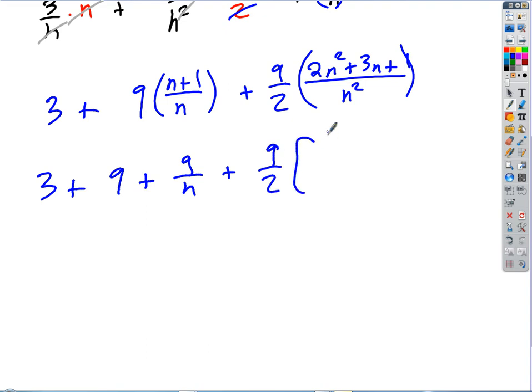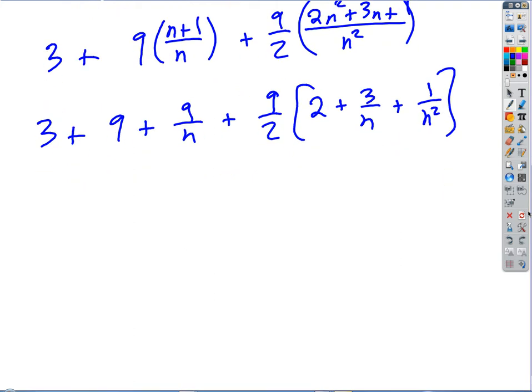The n squareds will cancel here, so I'm going to get 2 plus 3 over n in that middle term, plus 1 over n squared. Okay? And if I distribute that 9 halves, that's just going to give me 9, so the 2's will cancel, plus 27 over 2n, plus 9 over 2n squared.